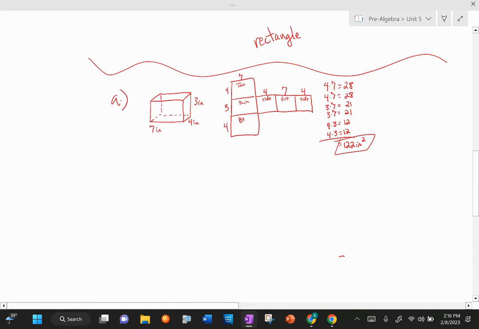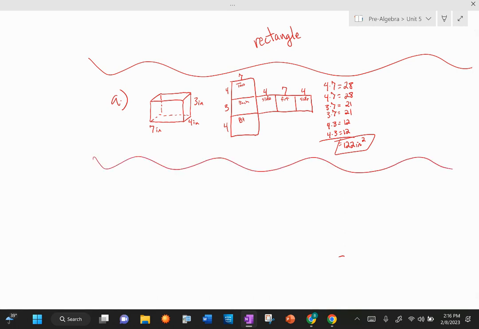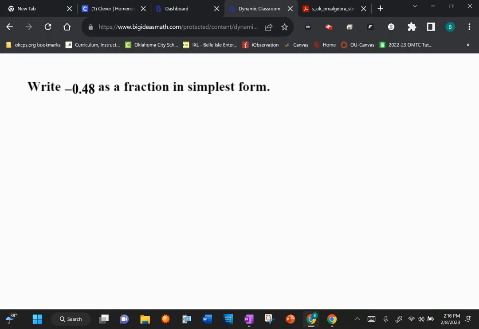Okay, so squiggly line. You can title this, well, just say B. We'll just label it B. Okay. So we're going to, please write this down. You're going to write negative 0.48 as a fraction in its simplest form. And I will show you how.